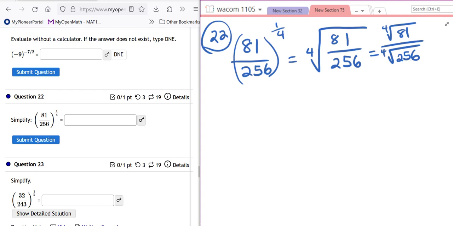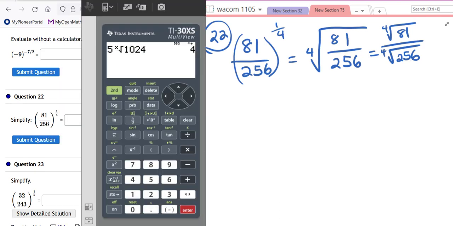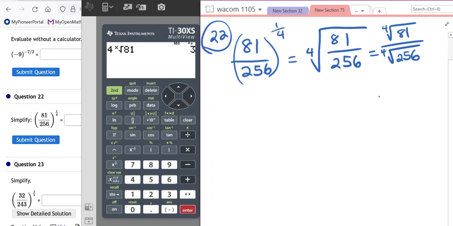And we'll do our calculator. I know that 81 is a perfect power. All right, so 4, second function, any root, 81. The answer is 3, so that is my numerator.